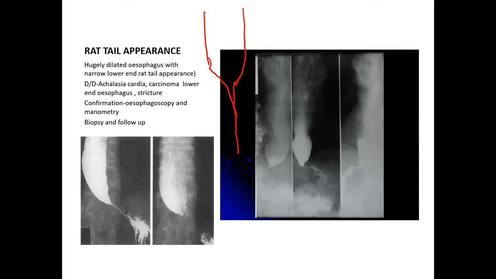And at the oblique view, of course, when you look at the stomach, there will be absence of fundal gas. Other differential diagnoses include carcinoma of the lower end of the esophagus, stricture, and your confirmation is to do an upper GI endoscopy and biopsy.